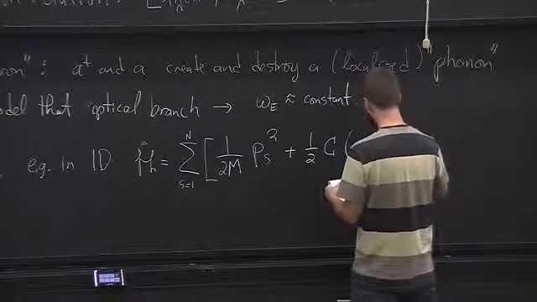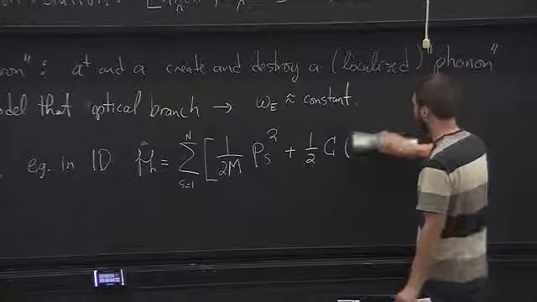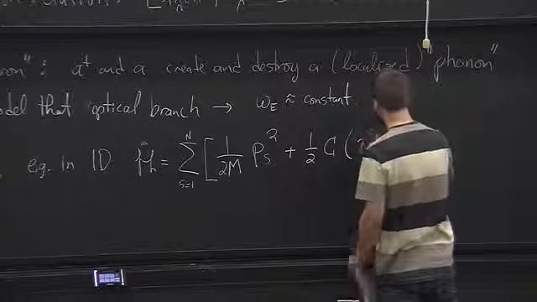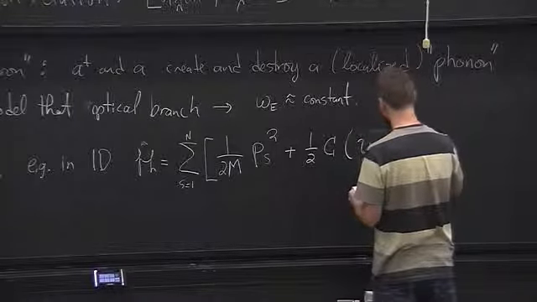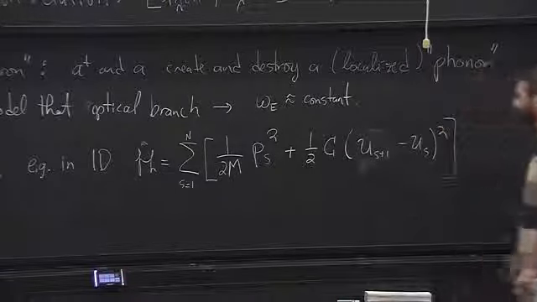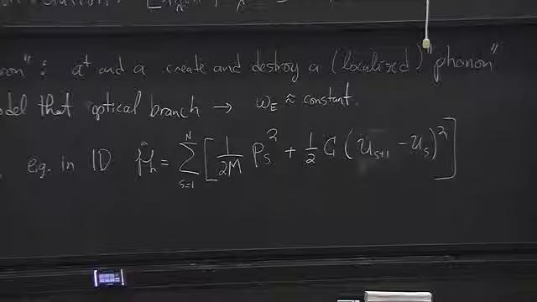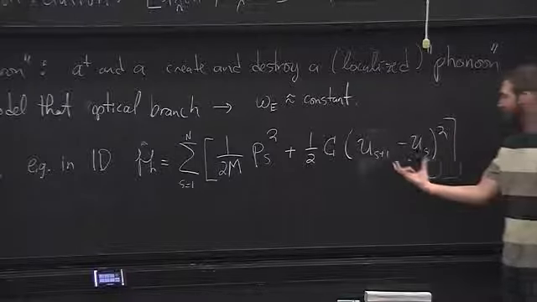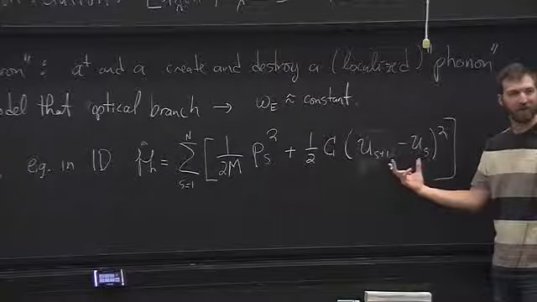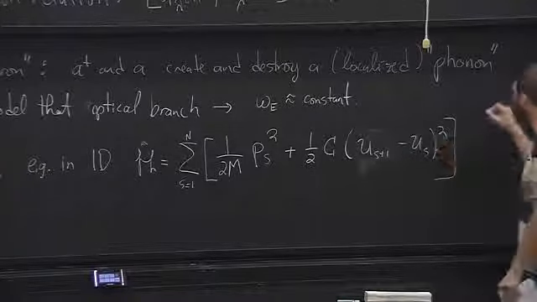I'm labeling the sites explicitly now, just as S. So what would I call that? U of S. So that looks more like the Hamiltonian that I dealt with last class. It's just the one-dimensional version. And you see the Hamiltonian couples adjacent sites together. Okay, and it's done in the nearest neighbor interaction.